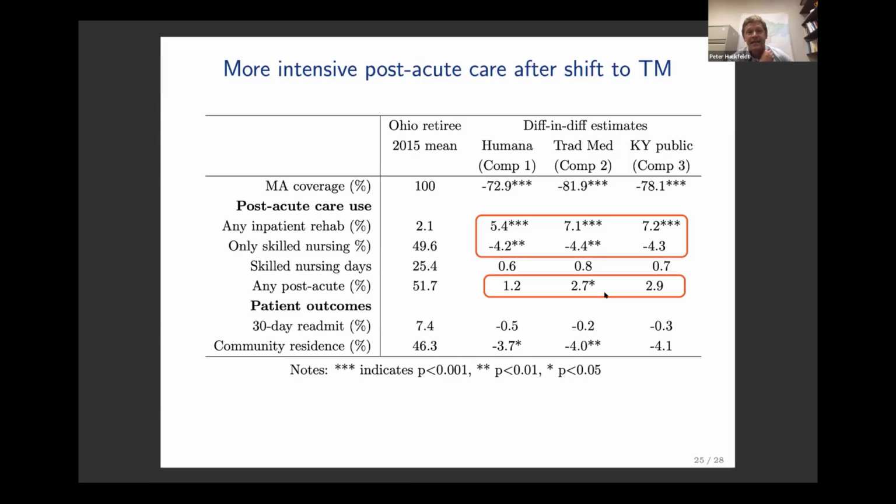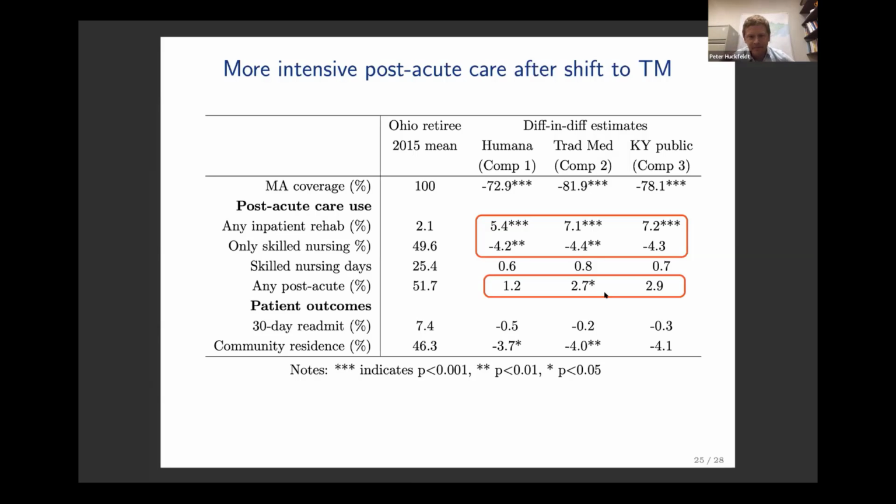There's a big increase in the percentage of discharges that receive any inpatient rehab, and these estimates are relatively similar across the comparison groups. And there's a sizable reduction in only receiving skilled nursing facility care. So after shifting to traditional Medicare, Ohio public retirees received more intensive post-acute care.